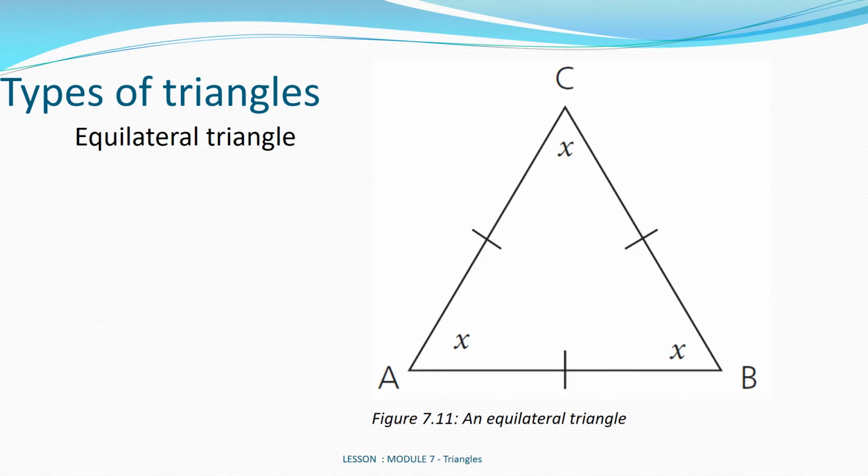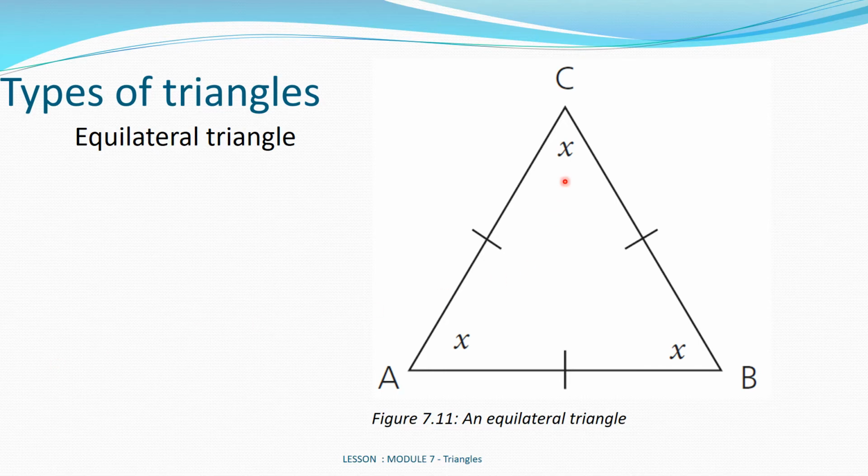The first type of triangle that we look at is an equilateral triangle. What is an equilateral triangle? The properties of this triangle say that all sides are equal and all angles are also equal.